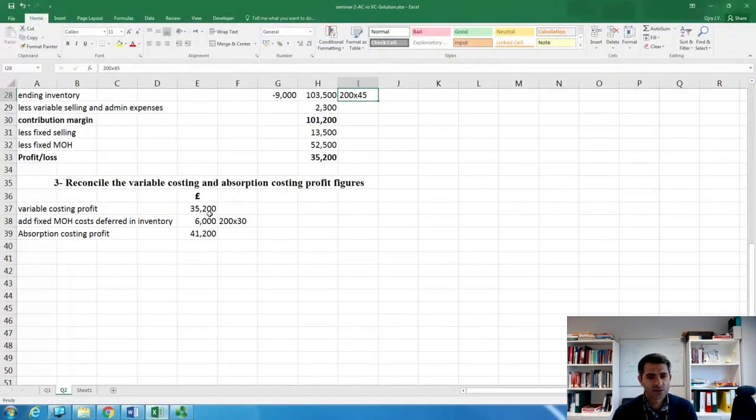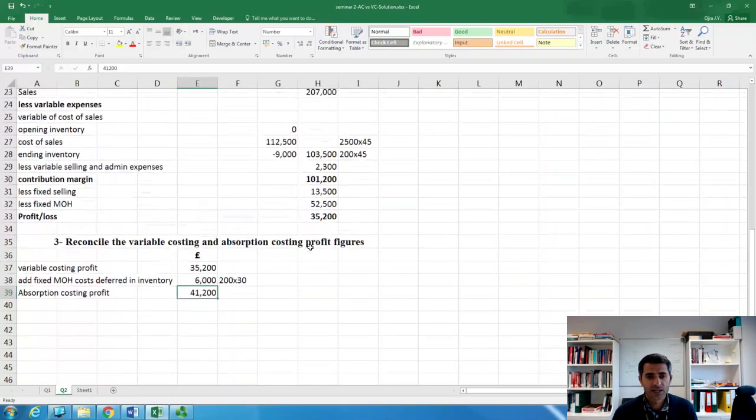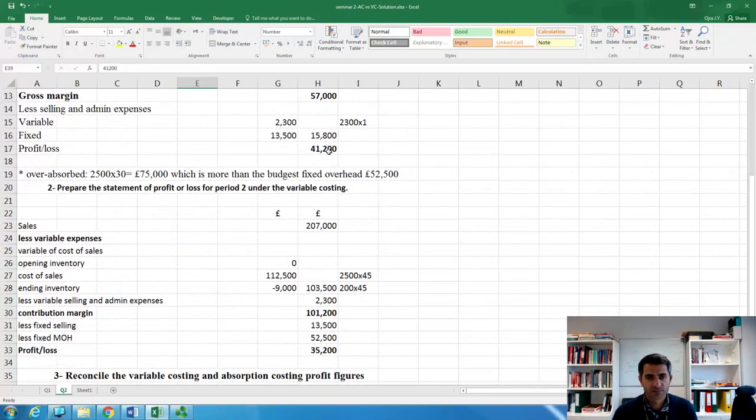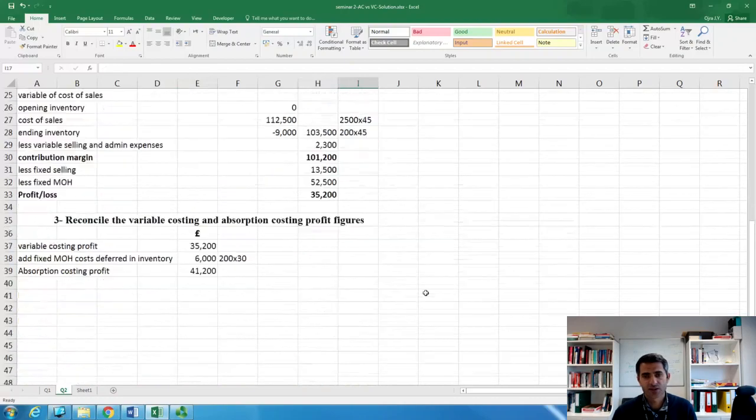So that's 6,000. If you add 35,200 to 6,000, you should find out that the absorption costing profit is 41,200, and as you see it is the same profit here. That's the reconciliation.